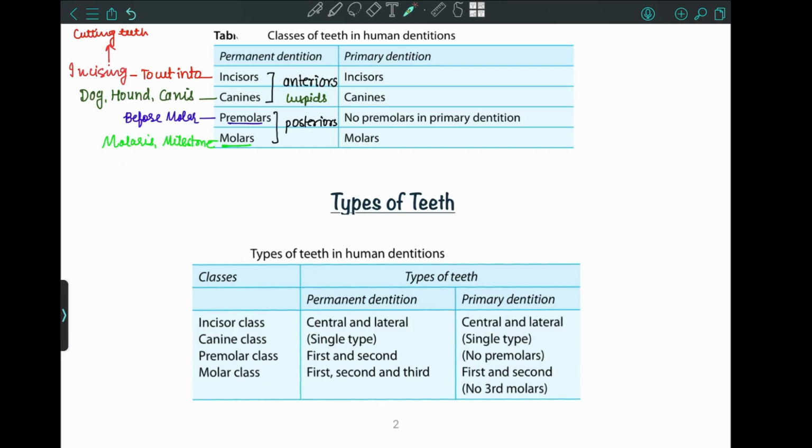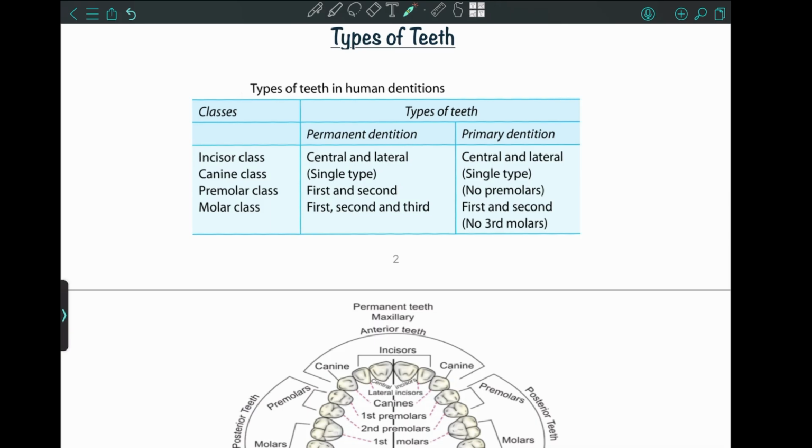Moving towards the types of teeth. Within each class, the teeth may be subdivided into 2 or 3 types depending on their traits. The incisors are further divided into central and lateral incisors.